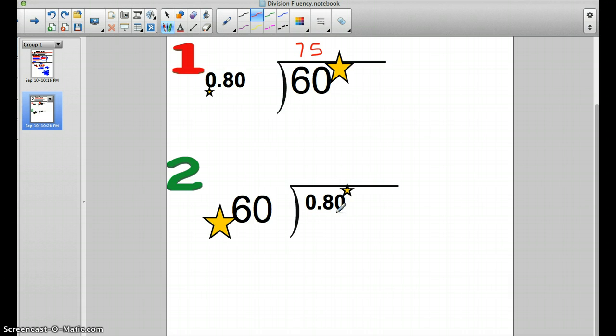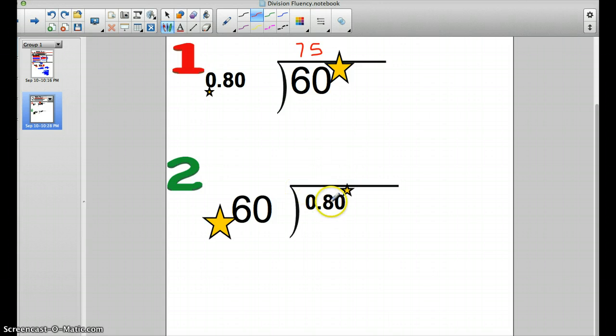Not a single whole 60 goes into 1. You can't put any 60s into 1. At least one time it can't. So the quotient is going to be less than 1.